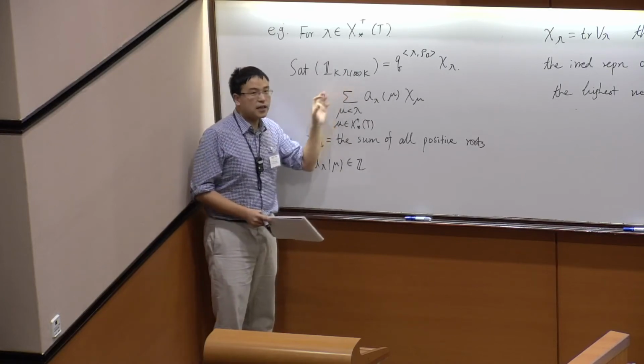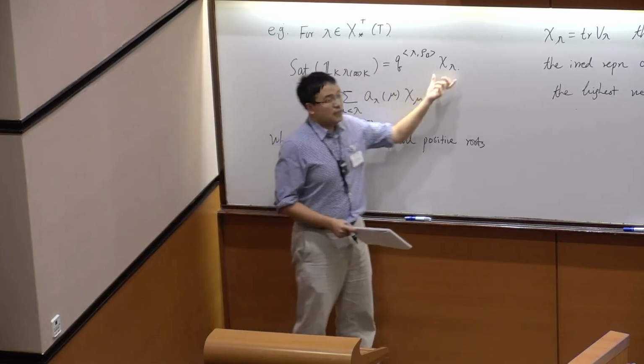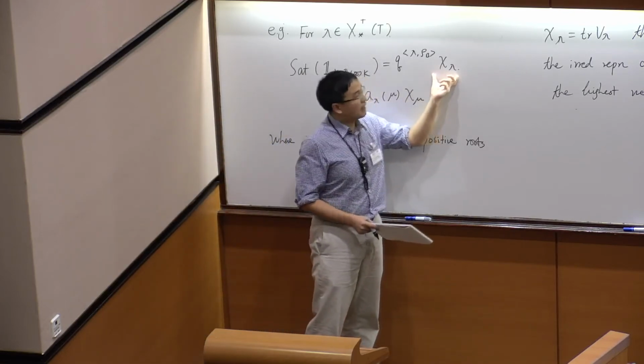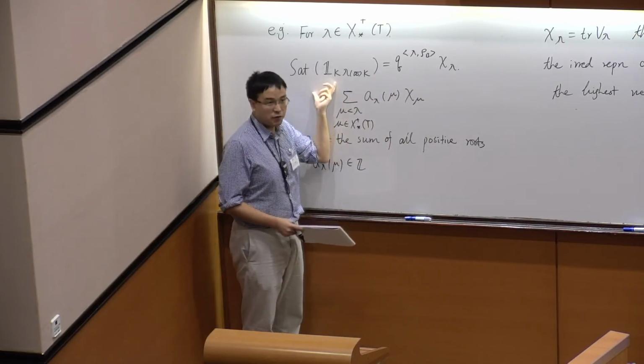And because this is a linear relation, you can also do the inversion and write down this chi lambda in terms of linear combinations of the Satake transform.